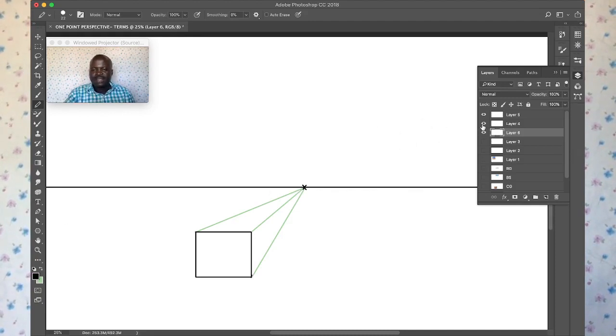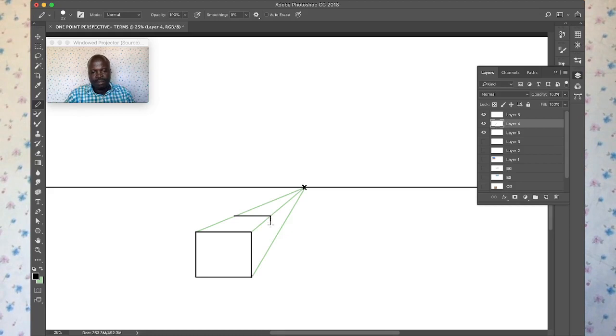After that, the next thing we are going to do is determine the width of our box, or how deep the box is going to go along the perspective lines. And we are going to pick a point and draw a horizontal line between the first and second perspective lines, and then a vertical line ending at the last perspective line.